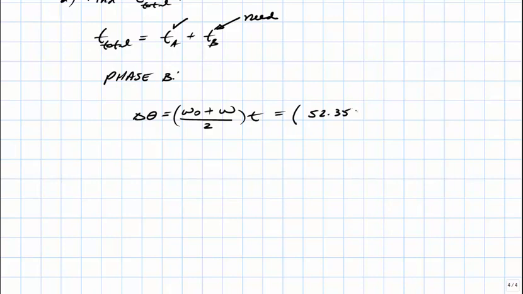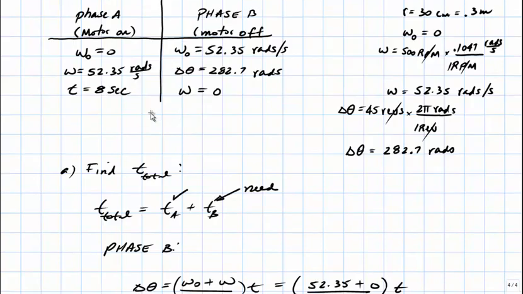Omega in phase B, as you recall, equals 0. And delta theta in phase B was given as 282.7.